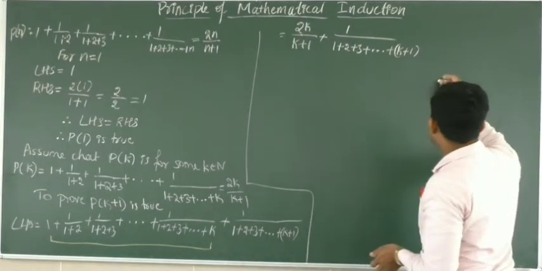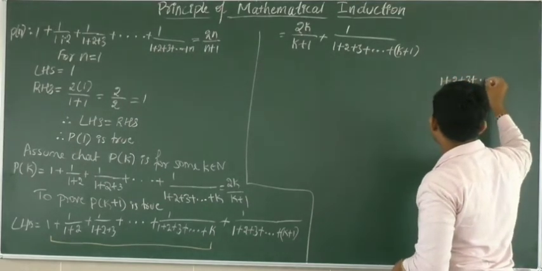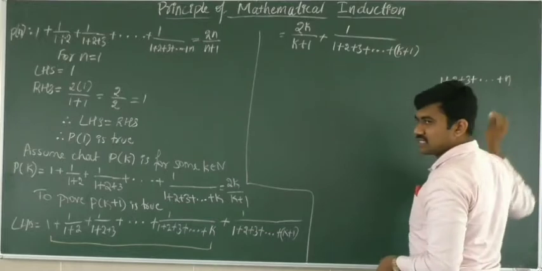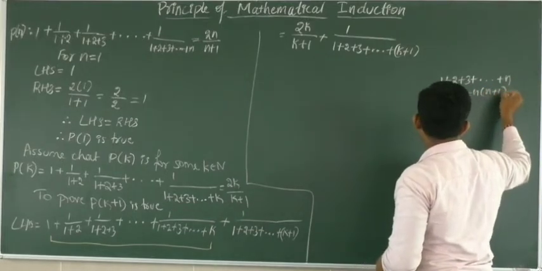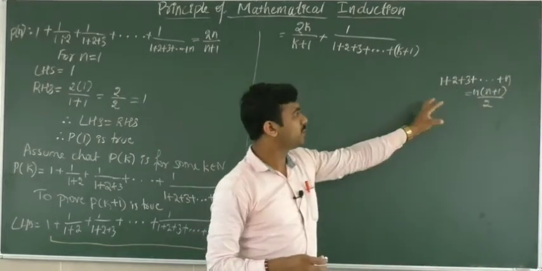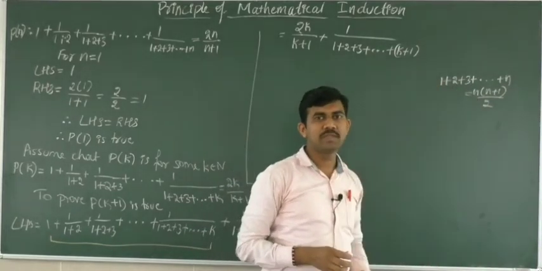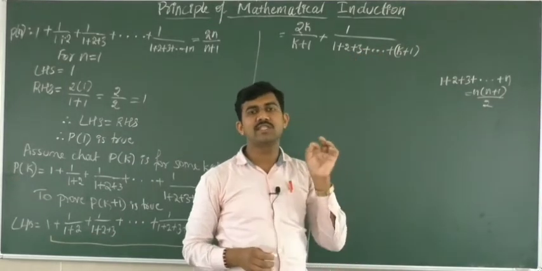But we know the sum of the first n natural numbers is n into n plus 1 whole divided by 2. But here it is the sum of the first k plus 1 natural numbers.